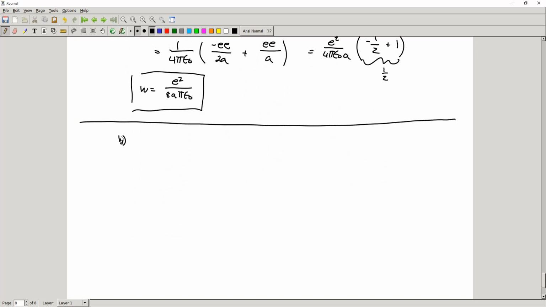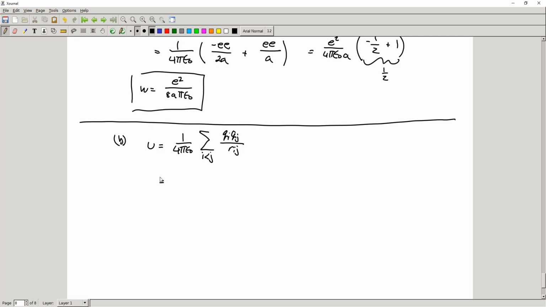So let's do that here. So what is our U going to be? Well, our U is going to be 1 over 4 pi epsilon naught times the sum for i greater than j of Qi Qj over Rij. Okay, that's just the equation from above.